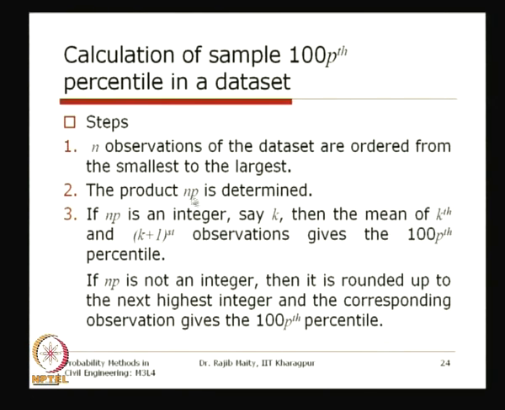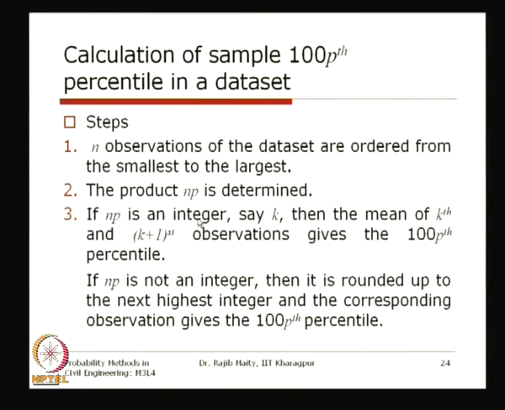The product np is determined. If p is known, that is, a particular desired percentile is known, and I know the total number of observations n, then the product np is known. Now np may or may not be an integer.